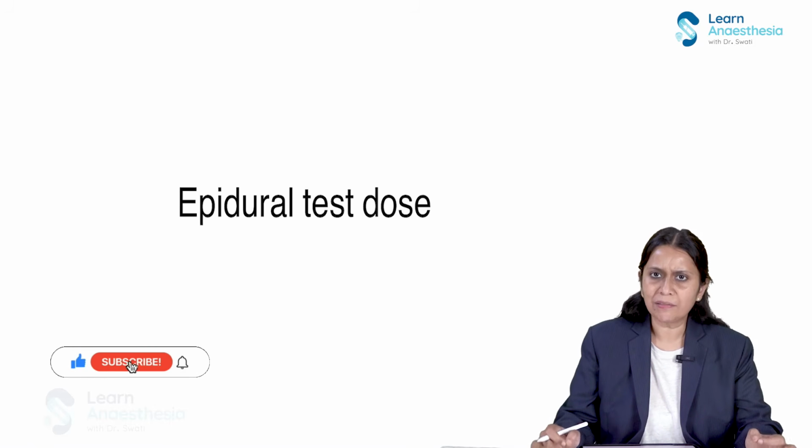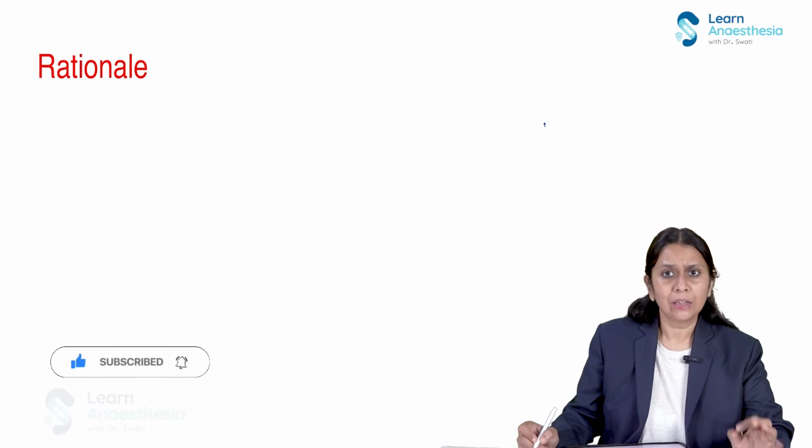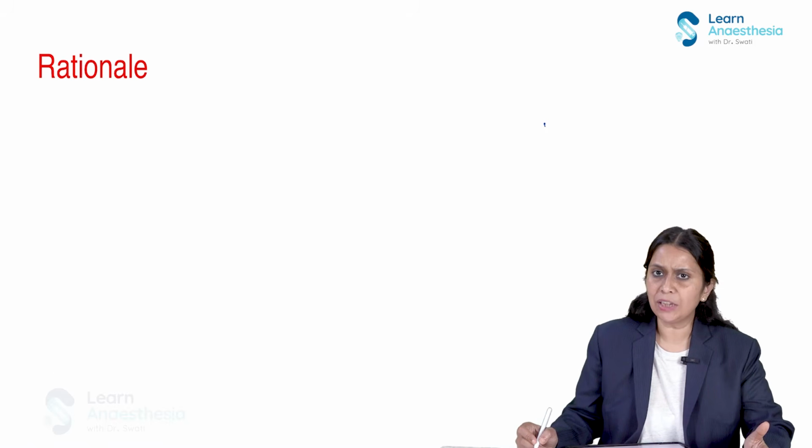So what is the rationale of giving an epidural test dose? The rationale is to detect whether the catheter which we have placed in the epidural space has not gone into the intravascular or intrathecal space.